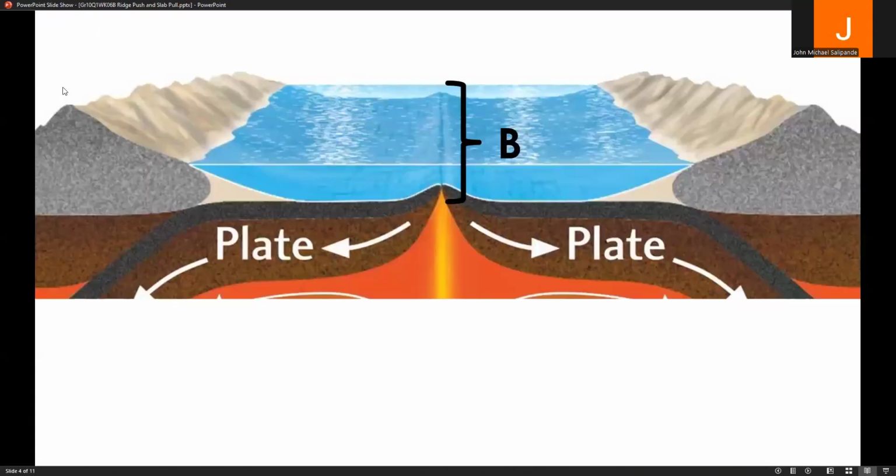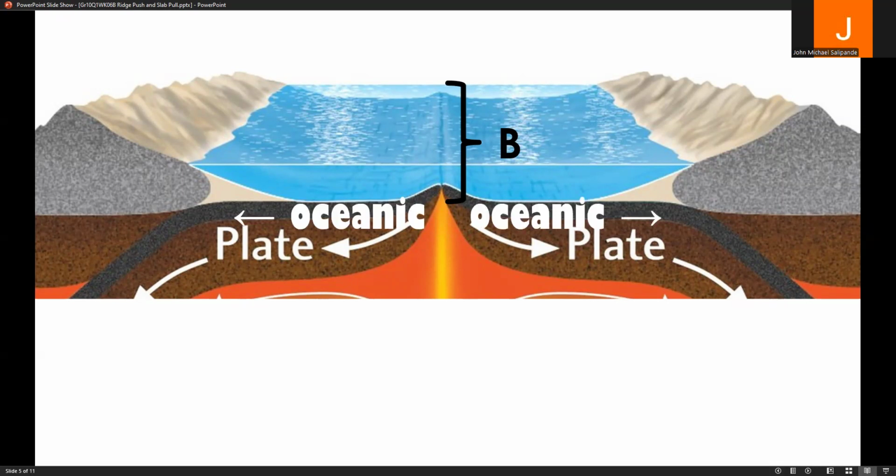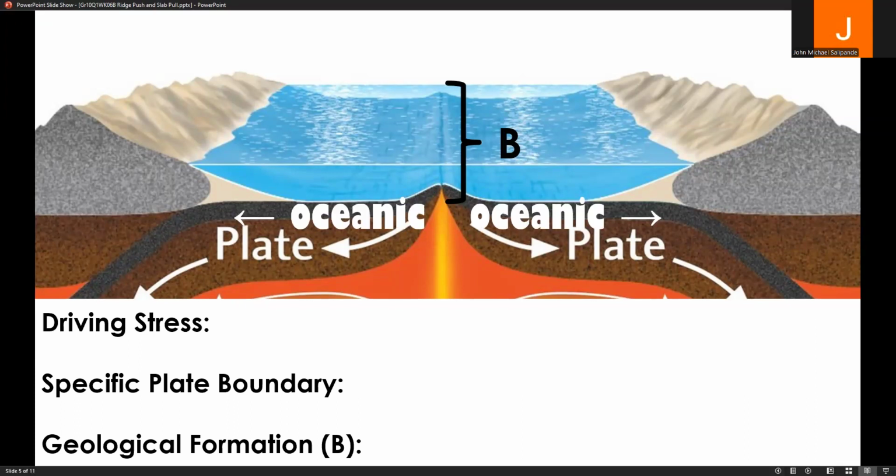Let's start with the first repercussion of convection currents, which is the separation of two oceanic crusts. One oceanic crust moves to the left and the other moves to the right, as evidenced by the direction of the arrows here. If you see two crusts separating, then the driving stress is none other than tension.